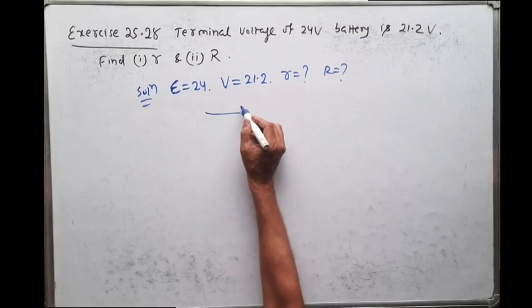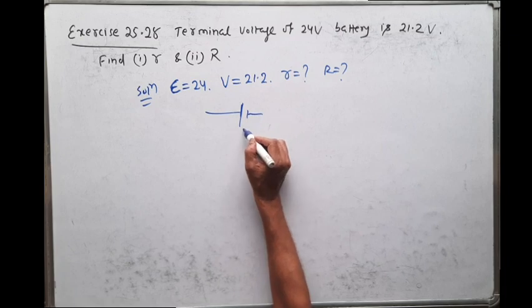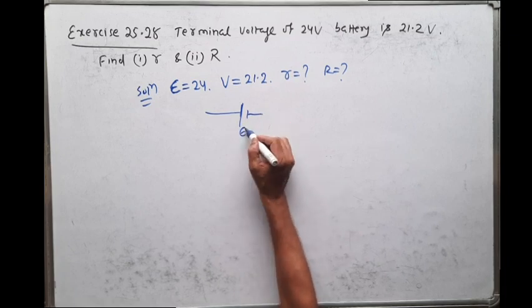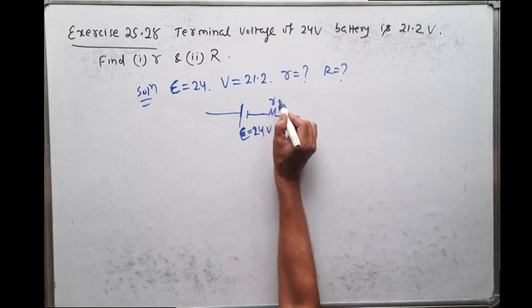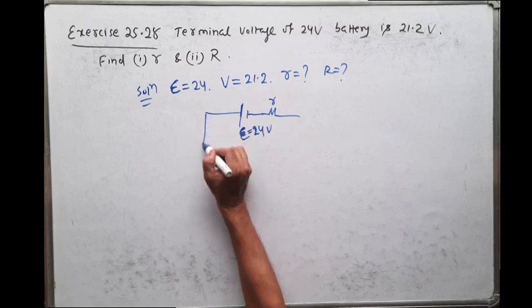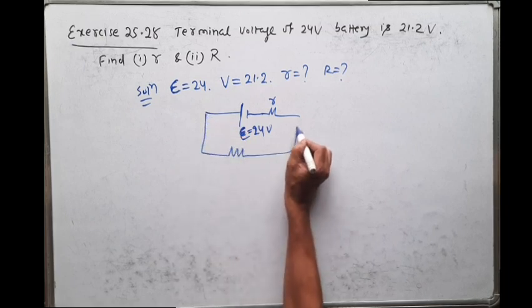So you see, suppose this is your EMF, that is 24 volt. This is the internal resistance, and across these two terminals there is an external resistance connected.